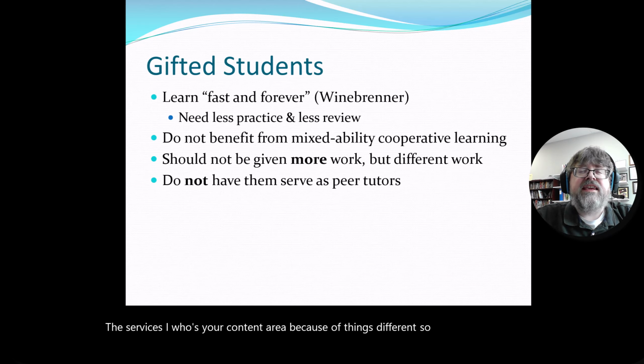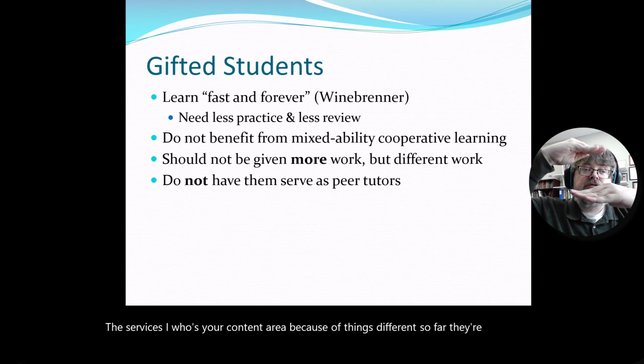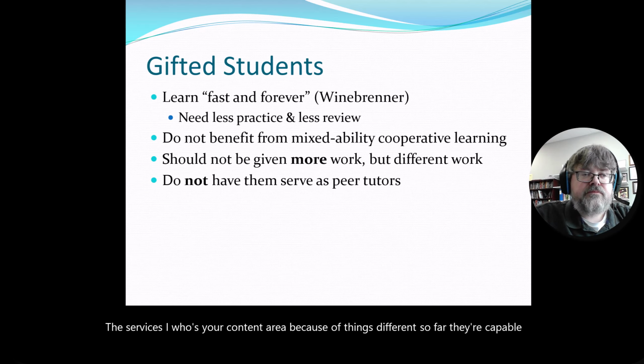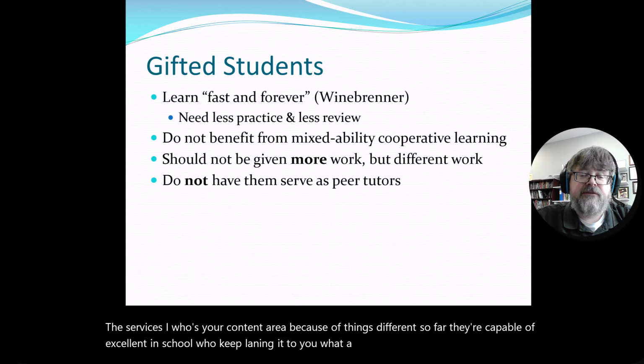That is what a gifted student is like in a cooperative learning group. They are too far above their peers to explain the topic. It leads to frustration on everyone's part, on the part of the gifted student and on the part of the peers. Gifted kids aren't trained teachers.